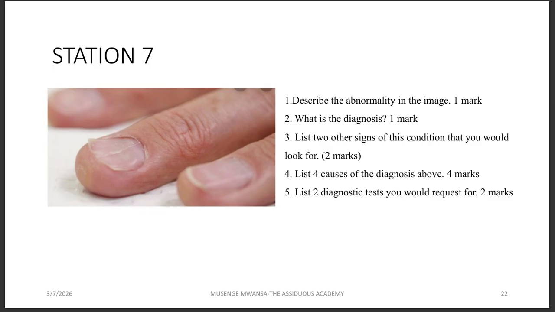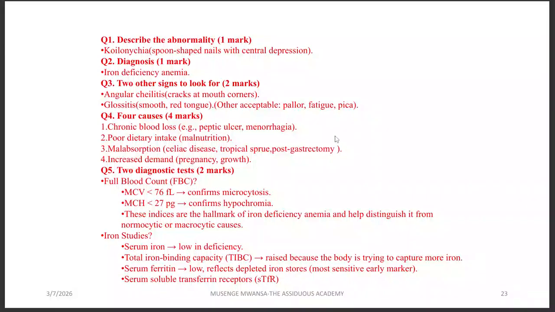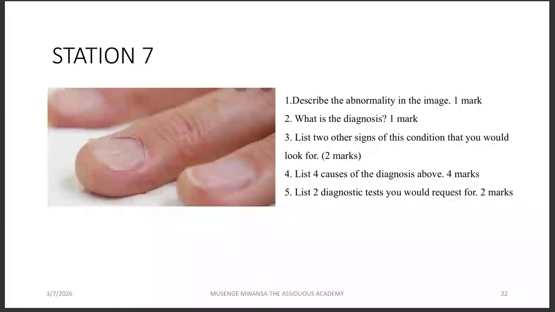Besides keratitis and stomatitis, pallor can be present, like fatigue, in other features of anemia. Pica is not really specific to others; it's more specific to iron deficiency. Okay. List four causes for the diagnosis. What can cause iron deficiency anemia?